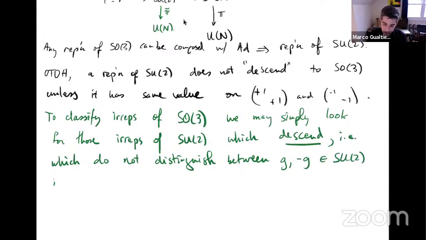In other words, pi of G equals pi of minus G.